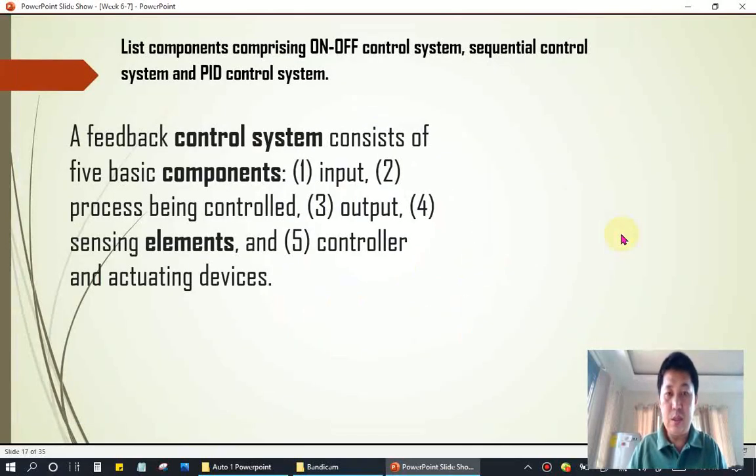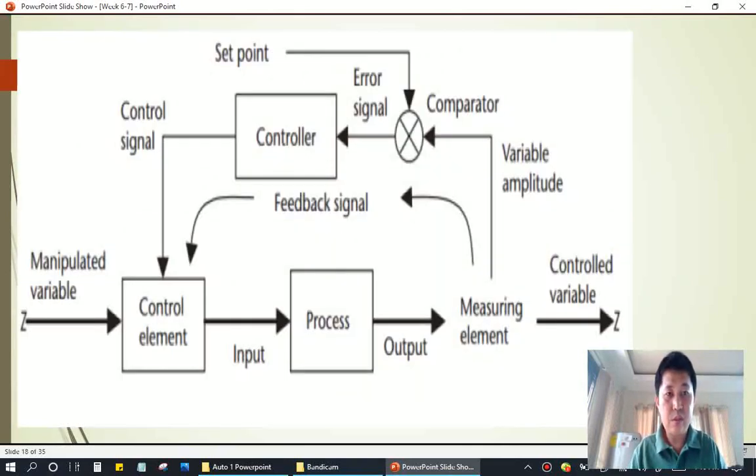So here we have the diagram for that. As you can see, this is a closed loop control system. So you have the manipulated variable, control element, input, process, output, and you have the measuring element and the feedback signal to the control element.